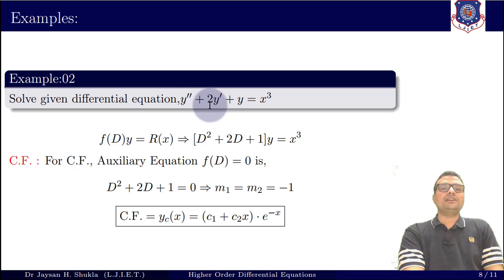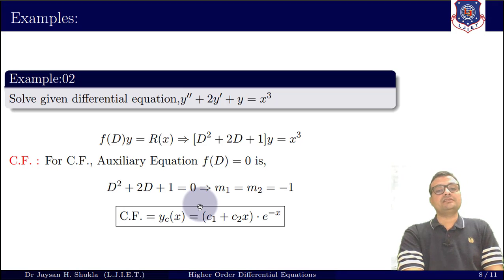Suppose you have y double dash plus 2y dash plus y equals x cube. In this case, the operator form is (D square plus 2D plus 1)y equals x cube, and the auxiliary equation for the complementary function would be f of D equals 0, which gives D square plus 2D plus 1 equal to 0.